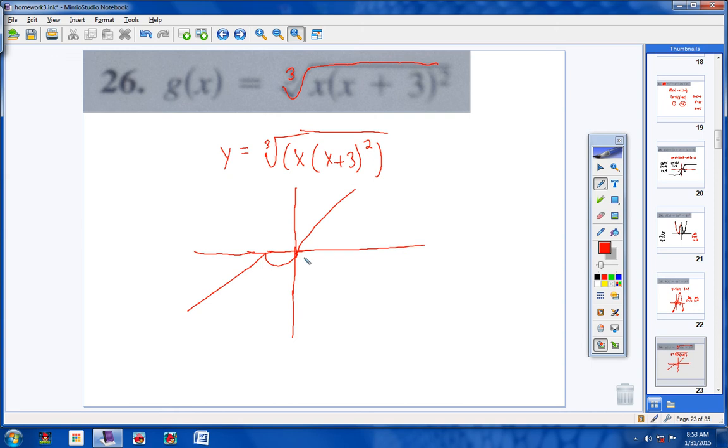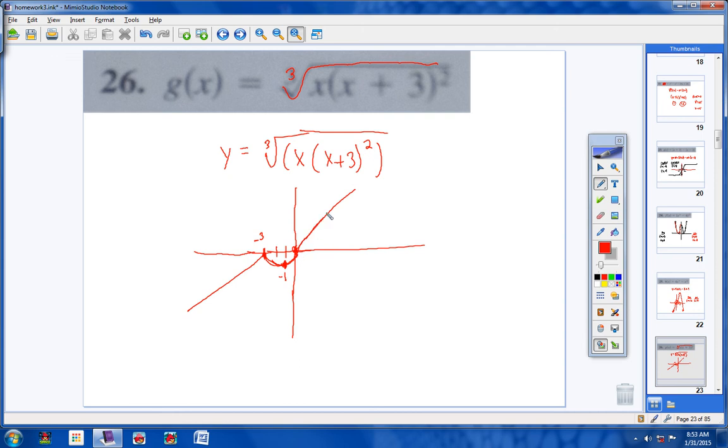Now, this is supposed to be at -3, I believe. So, 1, 2, 3. That's -3 right there. Of course, this is at 0. This low point right here is supposed to be right at -1. If you look on your graphing calculator, that's where the low point takes place until it starts to go up again.